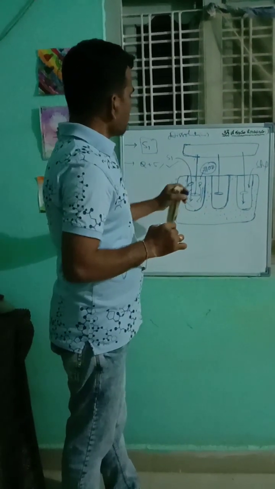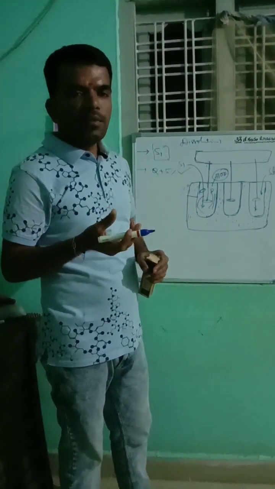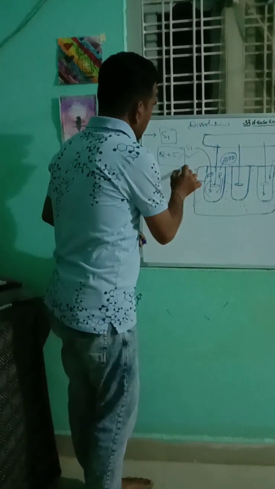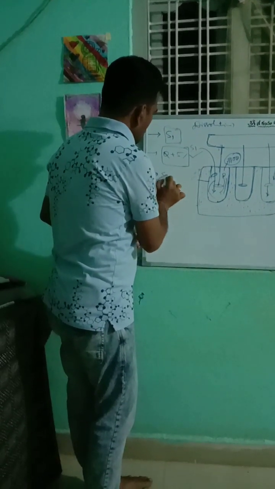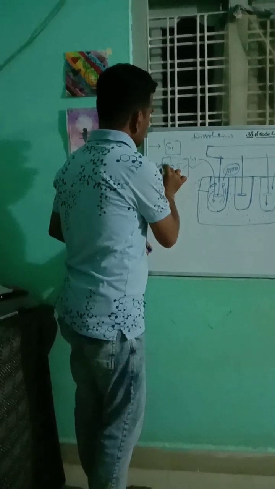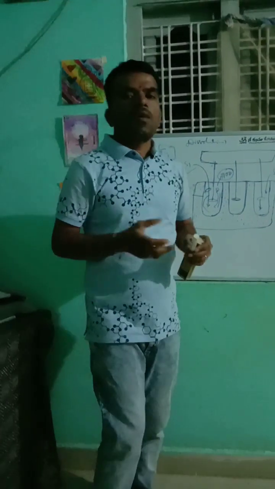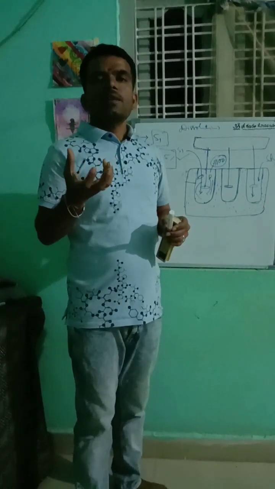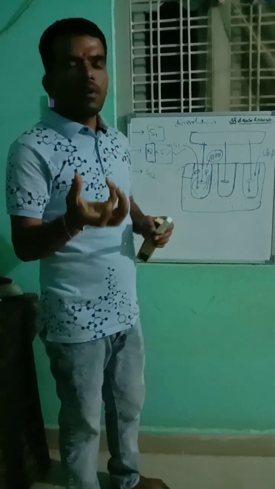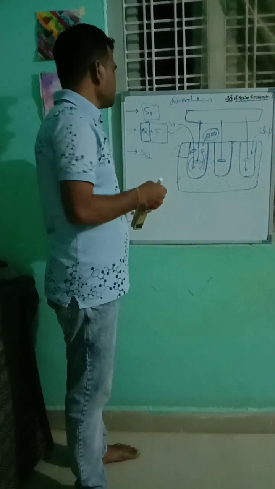If any one of the 6 vessels is getting less than Q plus 5, it goes to stage 2. Here we have to know about Q. What is Q? Q is how much percentage of active ingredient should be dissolved in a specific pharmacopoeia. That is called Q.